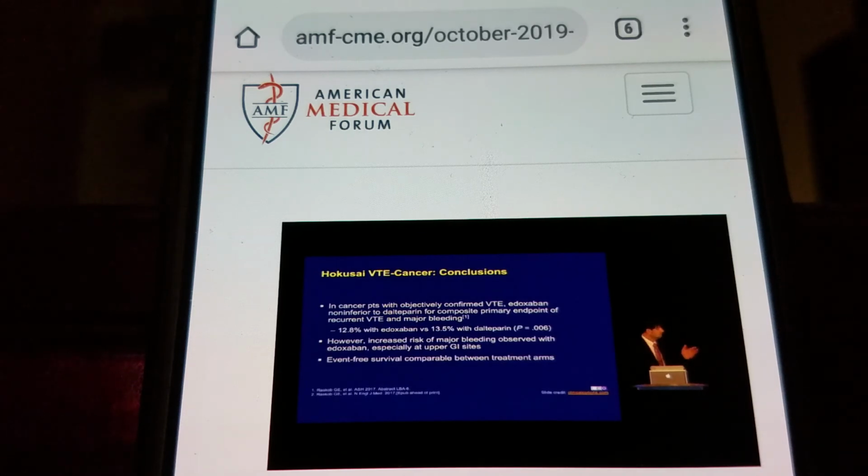But overall, if you looked at the primary endpoint, edoxaban was non-inferior to dalteparin for the composite endpoint of recurrent VTE along with major bleeding. However, higher bleed rates in patients with upper GI malignancies.